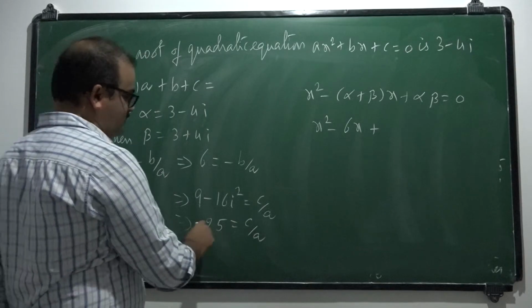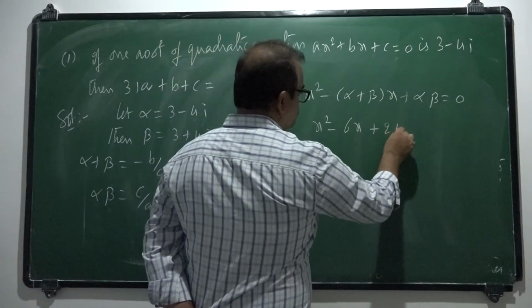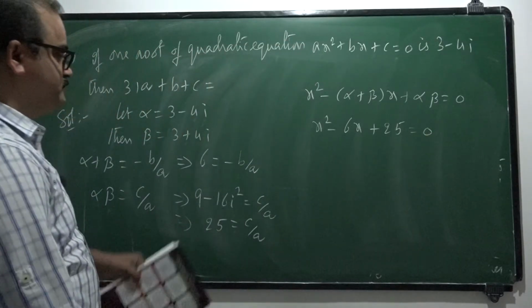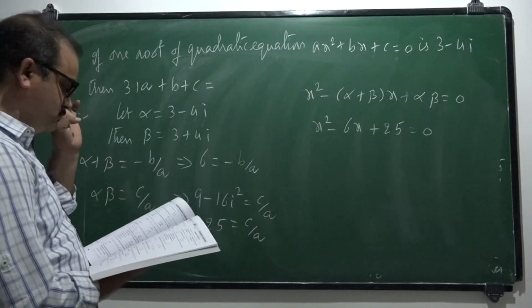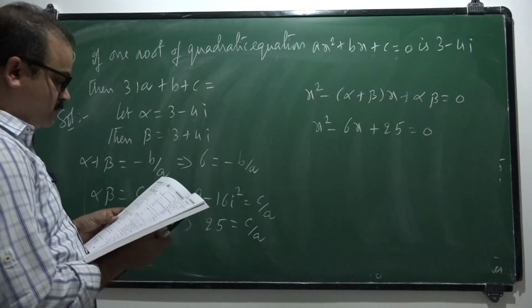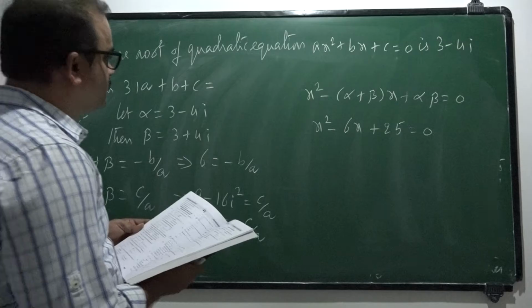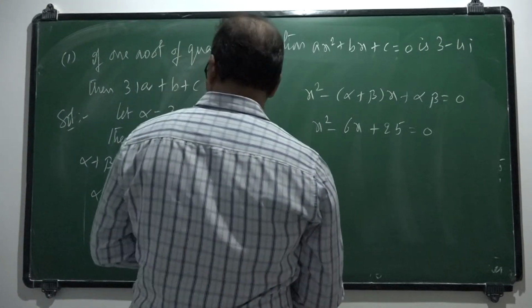Alpha into beta is 25 is equal to 0. That is the quadratic equation.